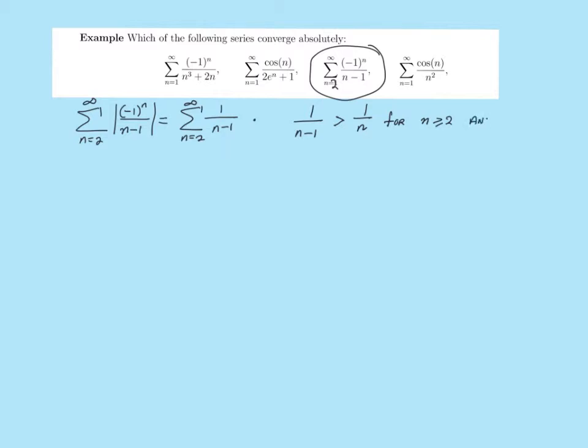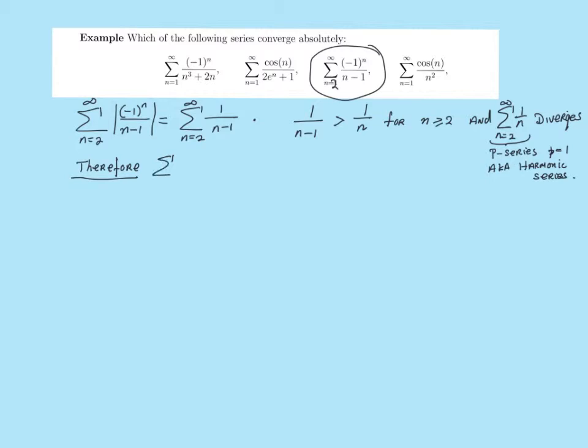The sum from 2 to infinity of 1 over n diverges because it is a p series with p equals 1, or the harmonic series, whichever way you like to think about it. Therefore, by the comparison test, the sum of 1 over n minus 1 diverges because its terms are larger than that of a series which diverges.